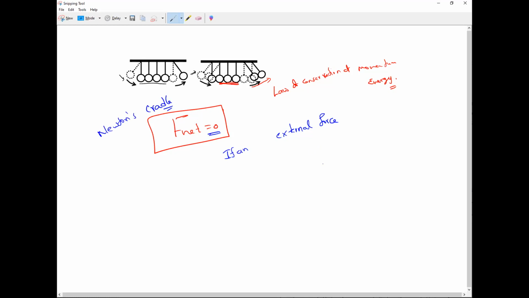Okay, so write it. If the external force acting on a system is zero, the total momentum of the system remains constant.